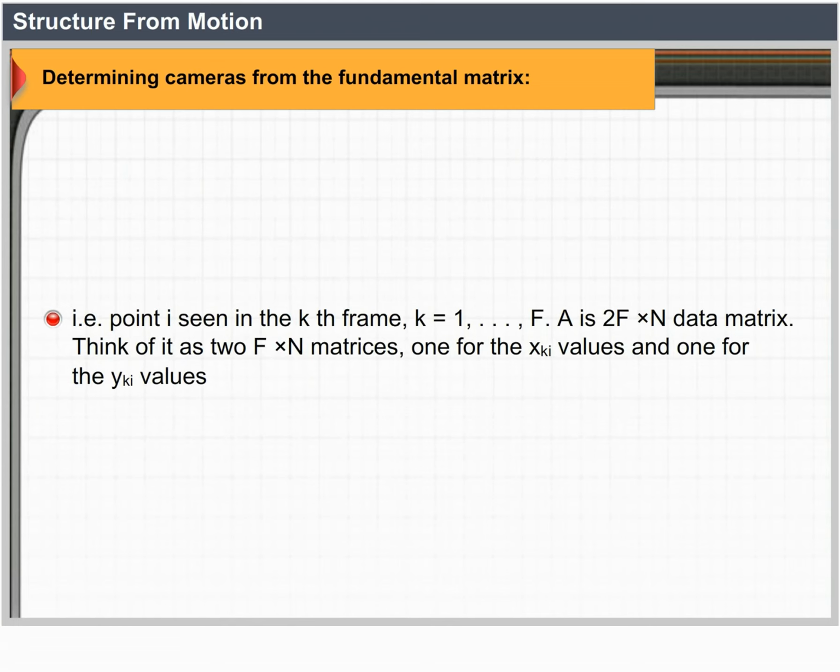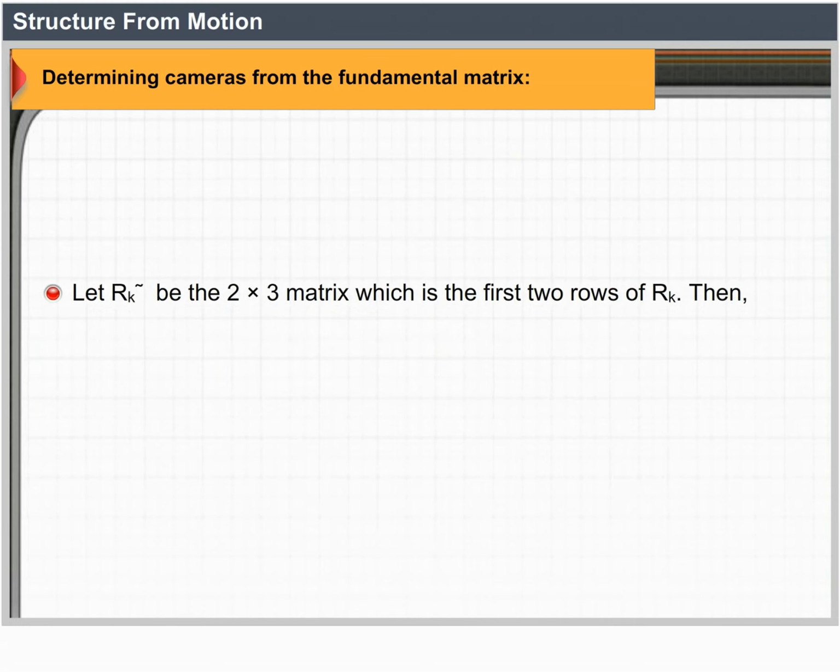A is a 2F cross N data matrix. Think of it as two F cross N matrices, one for the xki values and one for the yki values. Let Rk dash be the 2 cross 3 matrix, which is the first two rows of Rk. Then the xki and yki matrix is given by the expression.